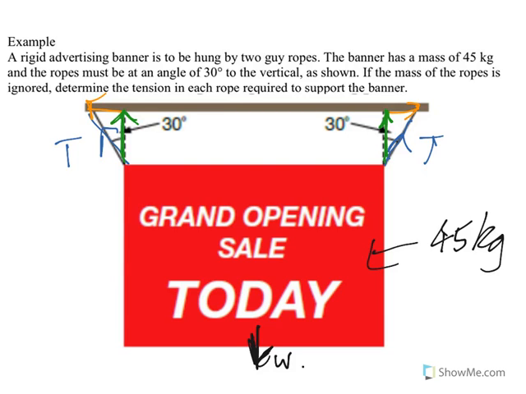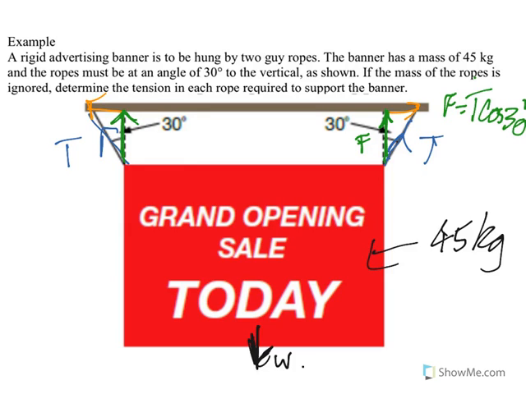If I'm looking at this one over here on the right, for example, then this tension and the angle, this green one, call it F, will simply be T cos 30.